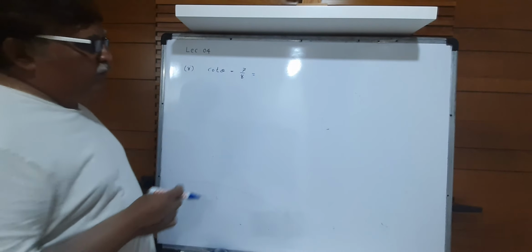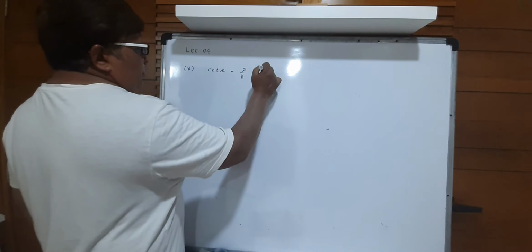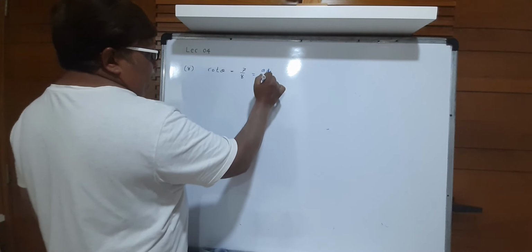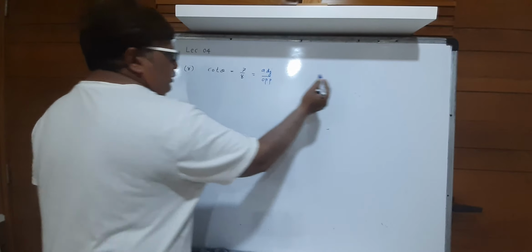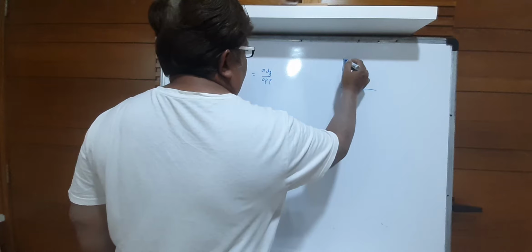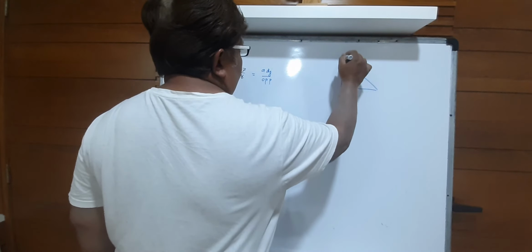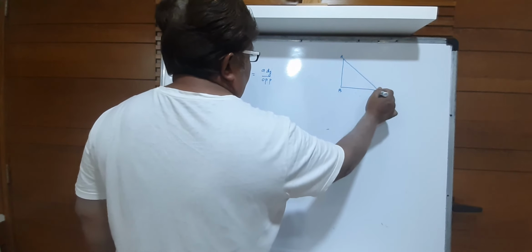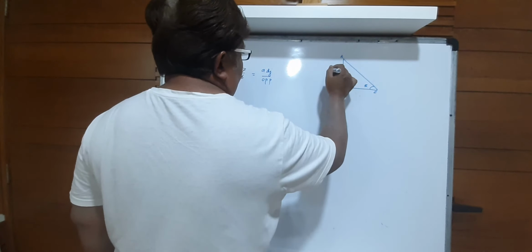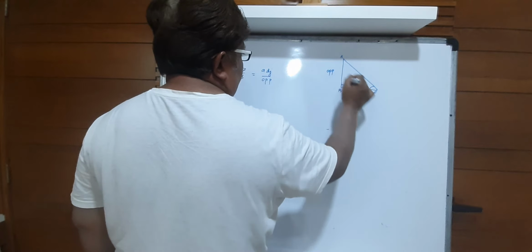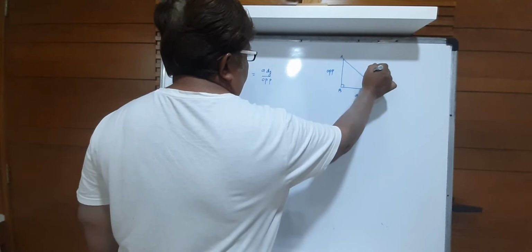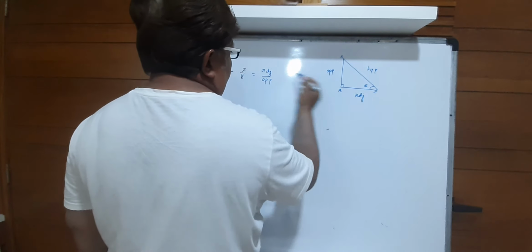That is our type 4 when we do cot theta. You all know the formula, adjacent upon opposite. Suppose this way, a triangle has been constructed ABC and I would like to take theta here. This will be the opposite side with reference to theta. This is adjacent, this is hypotenuse.